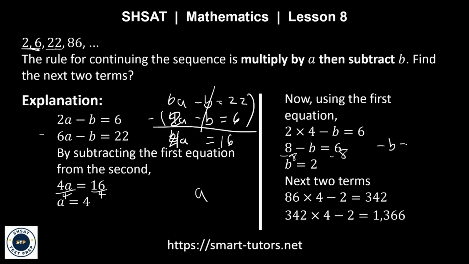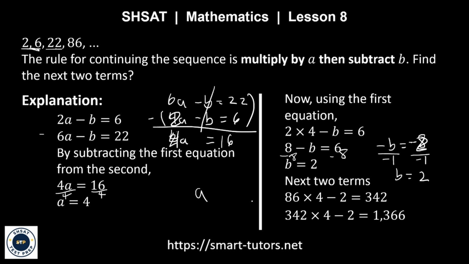You'll get negative B equals -2 because 6 minus 8 would be -2. And so you divide by negative 1 on both sides, so you get B equals 2.